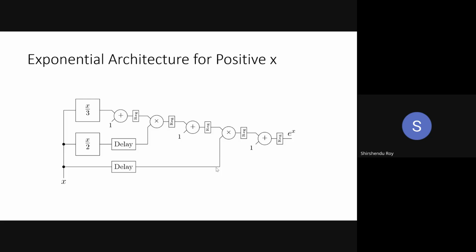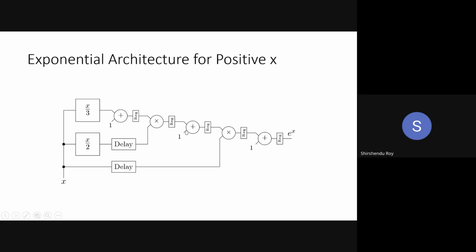If you see here, first x goes to the modules x by 3, x by 2, and also directly. First, x by 3 is computed, then 1 is added. Then it goes to a multiplier, multiplied by x by 2.